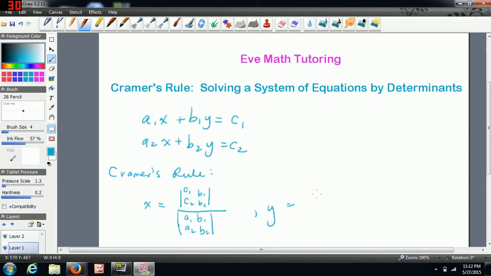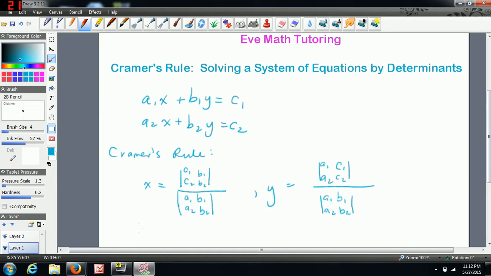And y would be solved using determinants in the following way. So y would be the determinant of A1, A2, C1, C2 over the determinant of A1, A2, and B1, B2. So basically, Cramer's rule is the following.